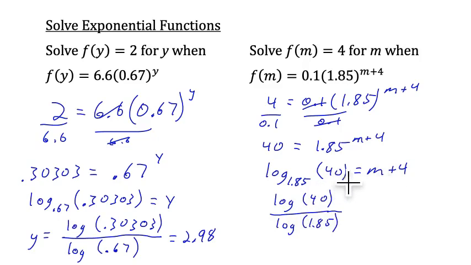Now we'll be subtracting 4 on both sides to get the m by itself, so we might as well do that right now. So I just subtracted 4 on both sides. So on my scientific calculator, we can do all this and it will tell us what m is.